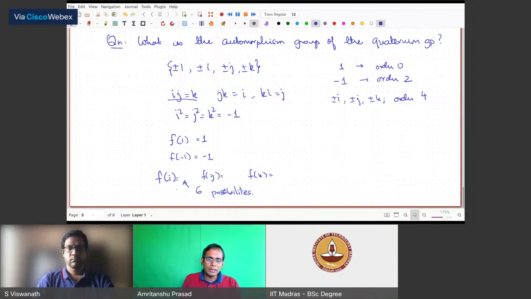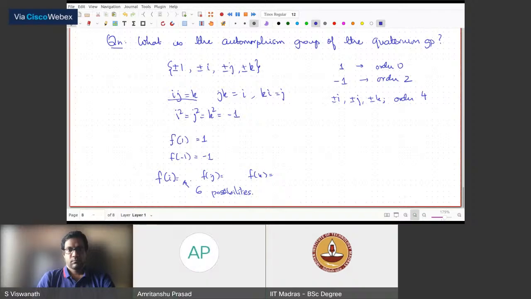So you just need to work through how many possibilities there are for f of j having fixed the 6 possibilities for f of i.